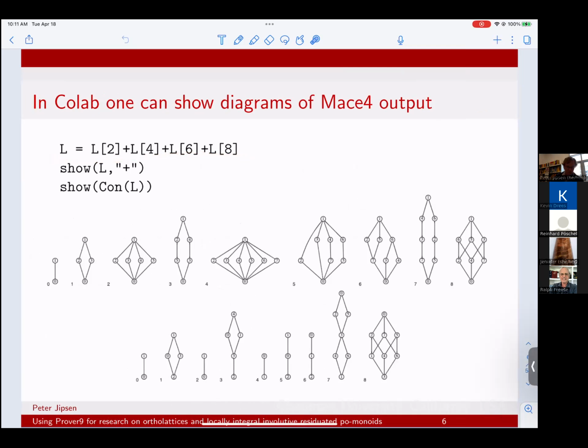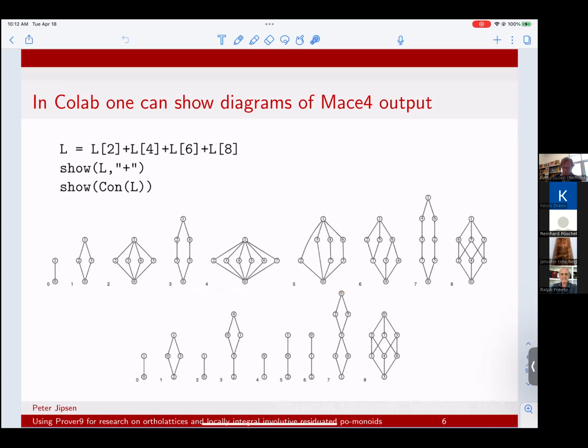And now I want to show them all on one page. So I made a single list of the ones that actually were available as models. And then I'm showing them using the plus operation as the partial order, and then I get this first list. So here are, I guess, 9 ortholattices up to size 8.